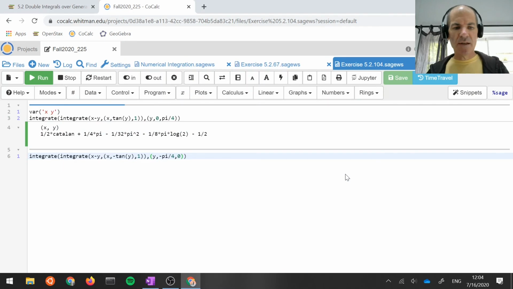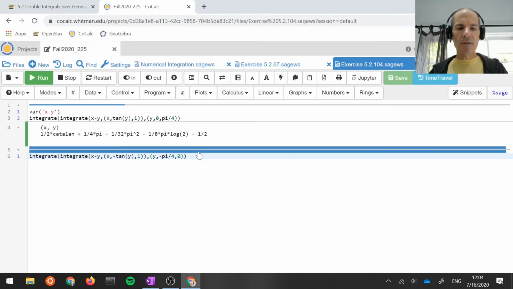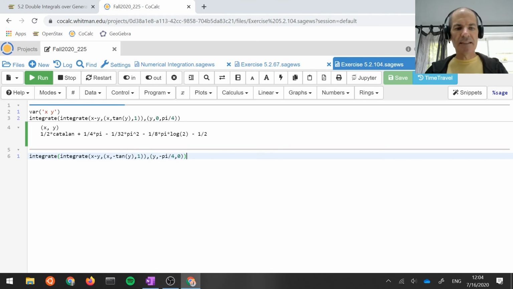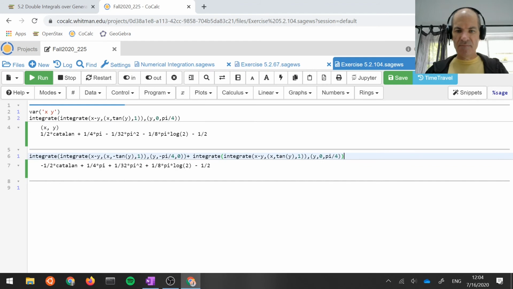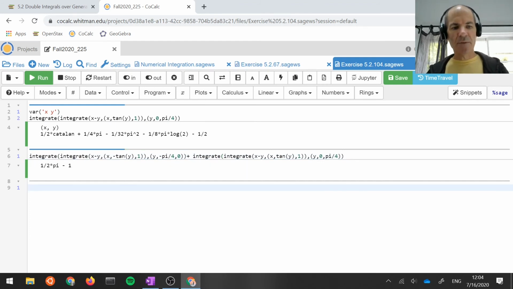Minus tangent of y, up to 1, minus pi over 4. All right, let's see what that looks like. Yes, I had a feeling they might cancel. So if we take these two guys and add them together, we might get something nicer. There we go, pi over 2 minus 1.